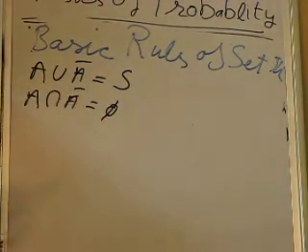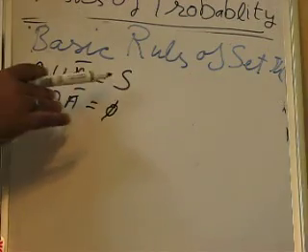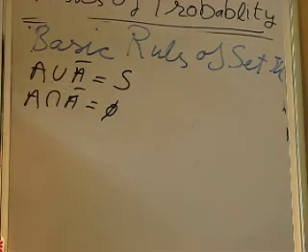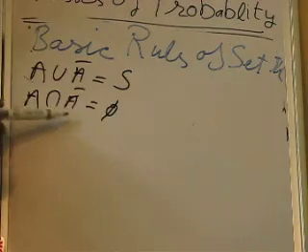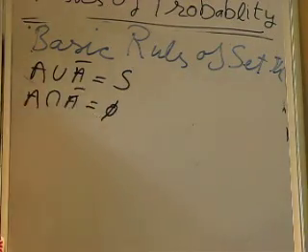A bar is all the elements that belong to S but do not belong to A. So when you take a union of A and A bar, you get the total sample space. Similarly, the intersection of A and A bar has all the elements which do not belong to A, so in this case there are no common elements. So what you will get is phi, that is a null set. This is called the complementation law.